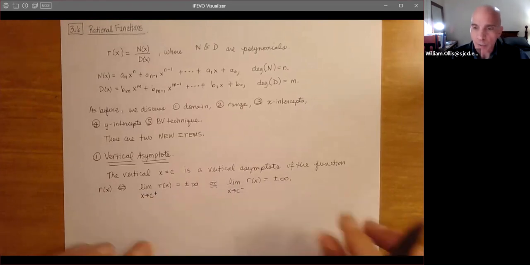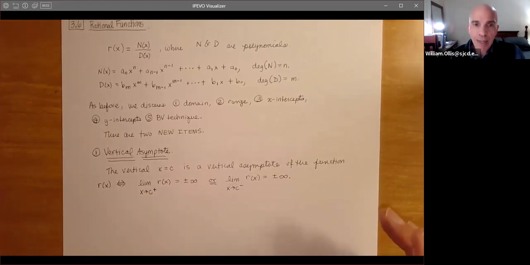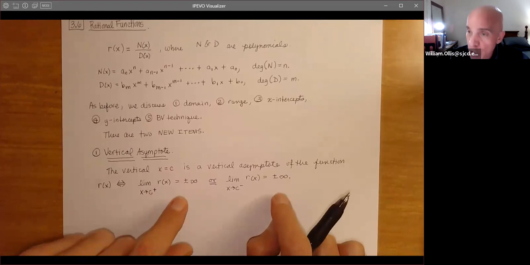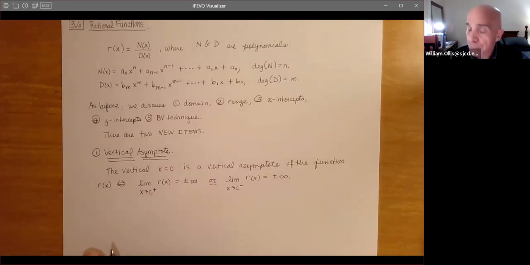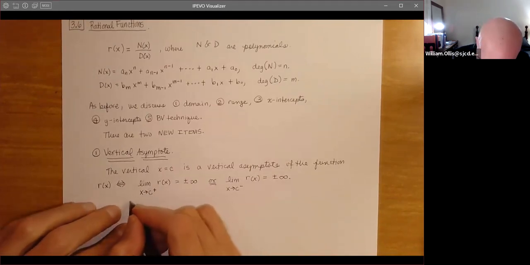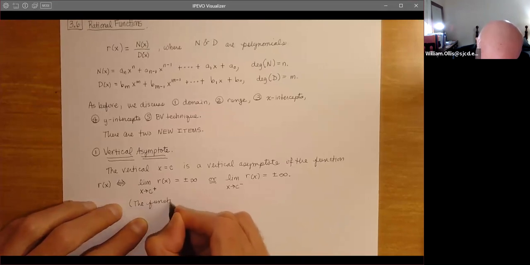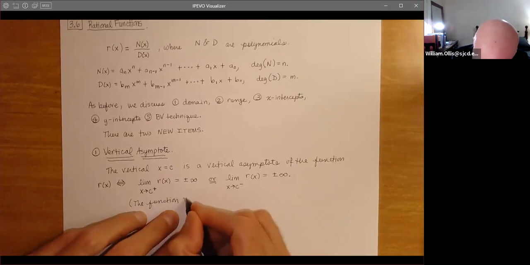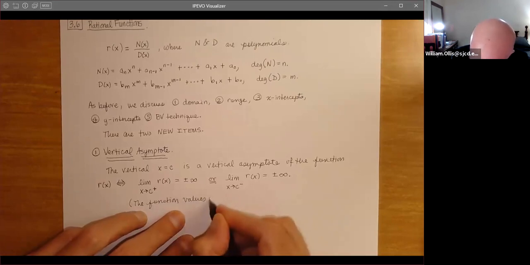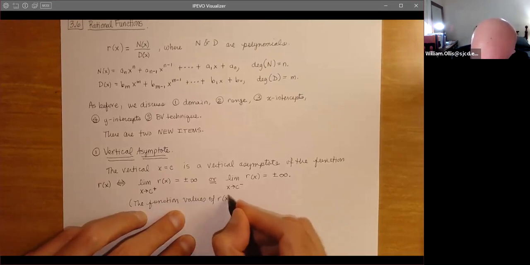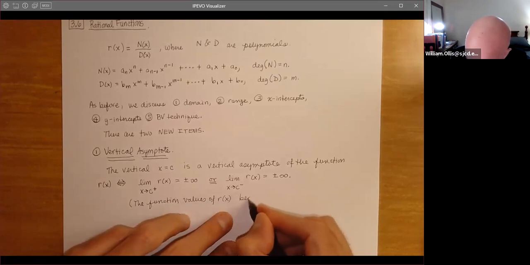Basically, ladies and gentlemen, what that is saying is that the function values of r of x become unbounded.